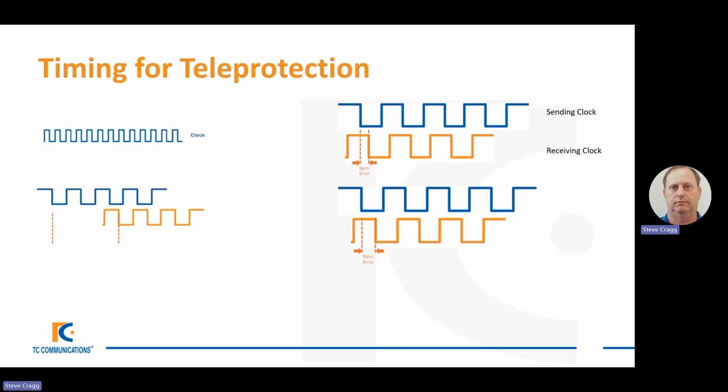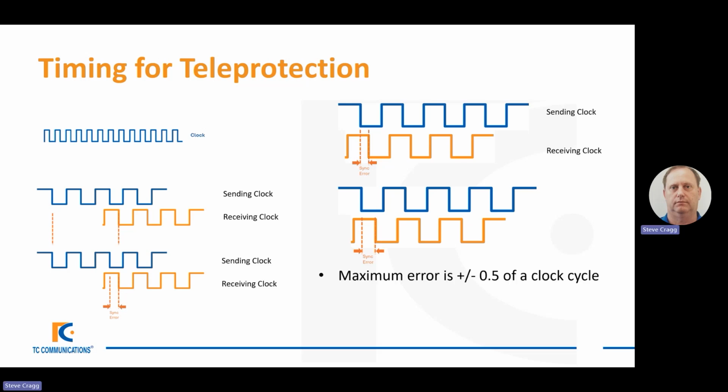Well, no. The reason being that all you are doing with these two is trying to synchronize between the falling edge of the transmitting one and the falling edge of the one being received. On that basis, the maximum sync error that you can have is plus or minus half a cycle. If you are looking at C37.94, the maximum error is half of a clock cycle.